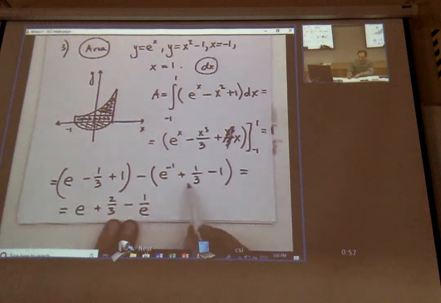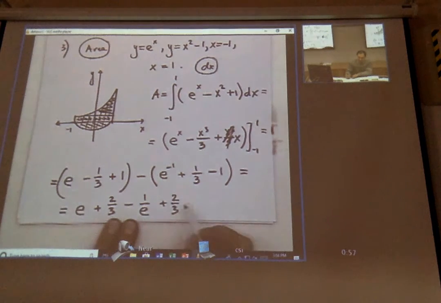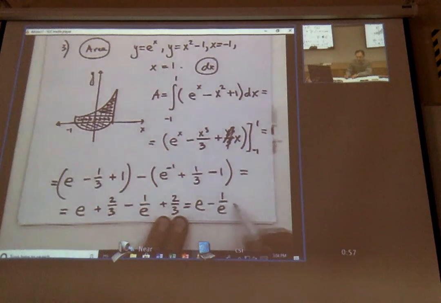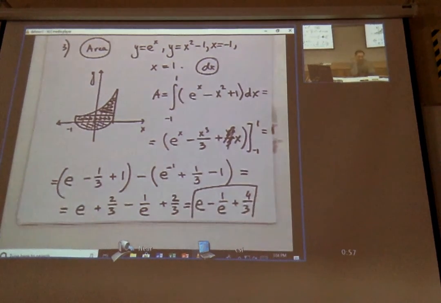Then what do we get here? So this will be -2/3, right? So we'll get plus 2/3, good. So I can write it like this: e minus 1 over e and plus 4/3. If you want to put an LCD, that's fine, but not the decimal.